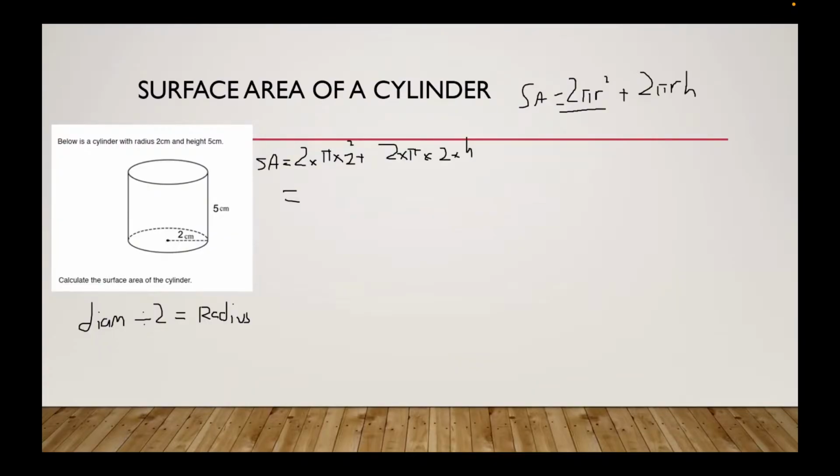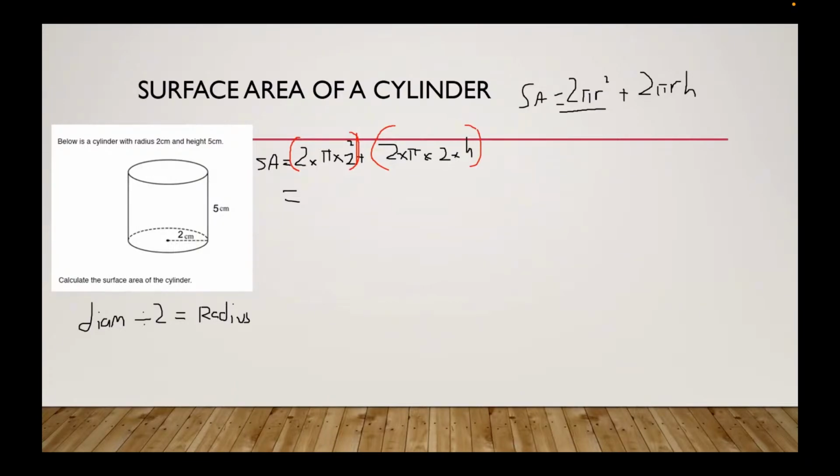But when you put it on the calculator, you've got to make sure to put each part in brackets. So the first part in a bracket, then the plus sign, and then the second part in a bracket, because our calculator won't do BODMAS unless we physically tell it by putting the brackets.